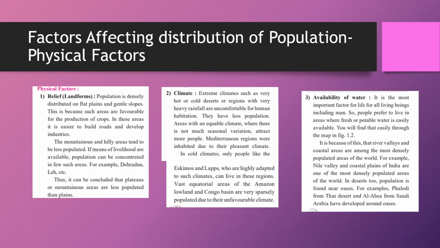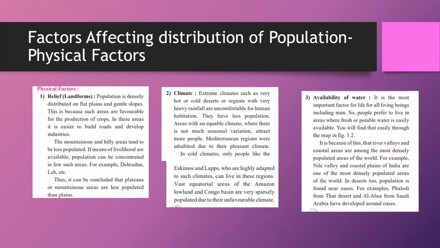The Mediterranean regions were inhabited because of their pleasant climate. In cold climates, only people like Eskimos and Lapps who are adapted to such climates can live in these regions. Vast equatorial areas of Amazon lowland and Congo basin are sparsely populated due to their unfavorable climate.